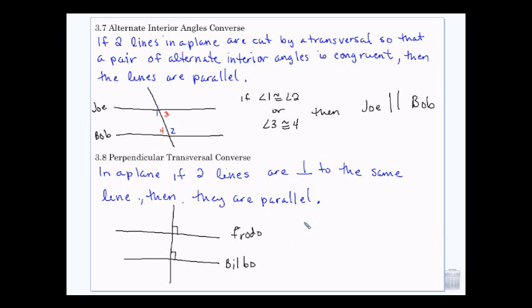So if, let's see, I don't think I spelled that right, but if Sauron is perpendicular to Frodo and perpendicular to Bilbo, then Frodo is parallel to Bilbo.